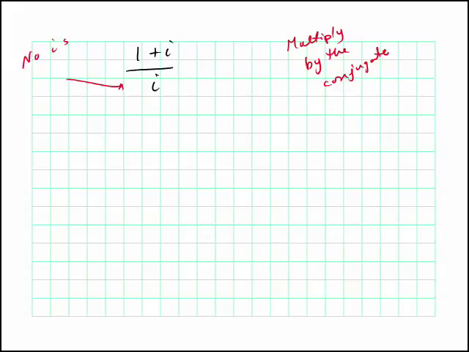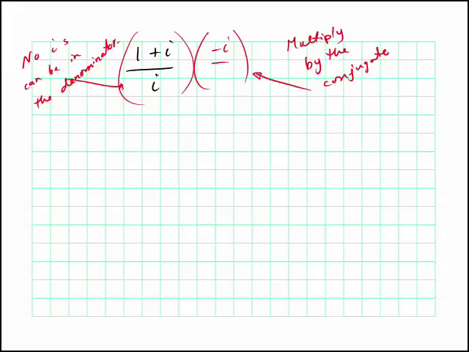No i's can be in the denominator. So we've got to get it out of there. Now the conjugate of just i is just negative i. So I've got to multiply this by the conjugate, negative i over negative i. Let's see what we get if we do that.